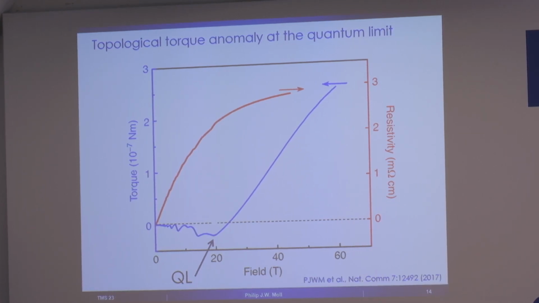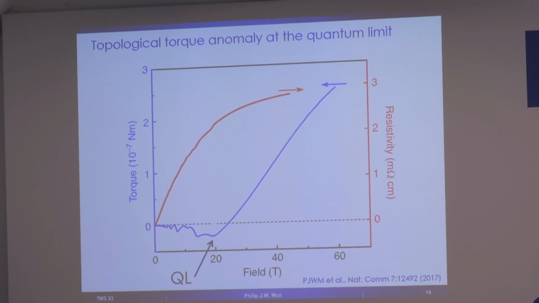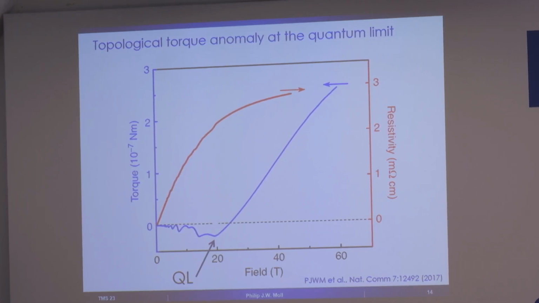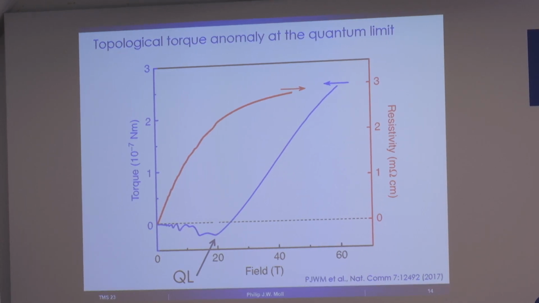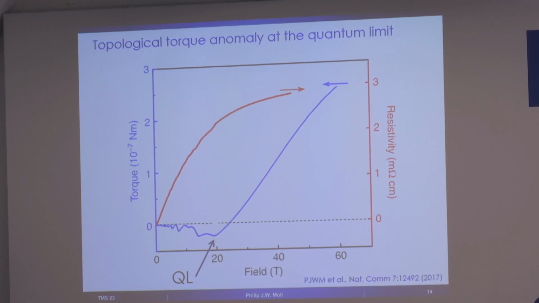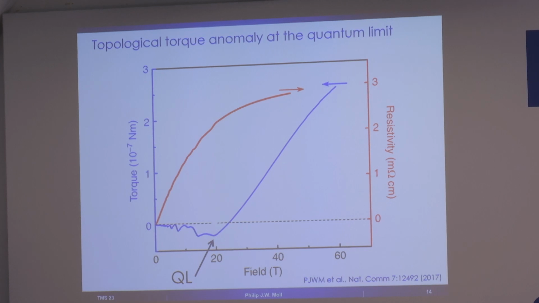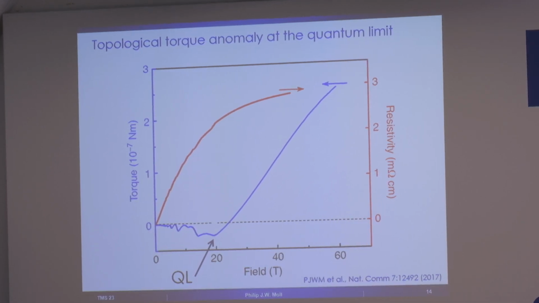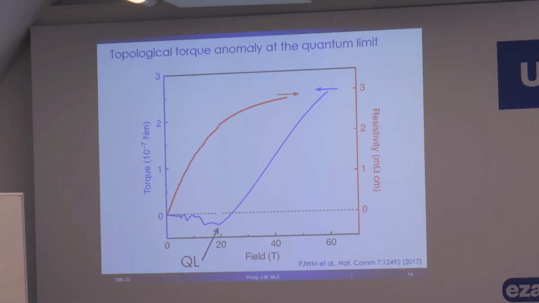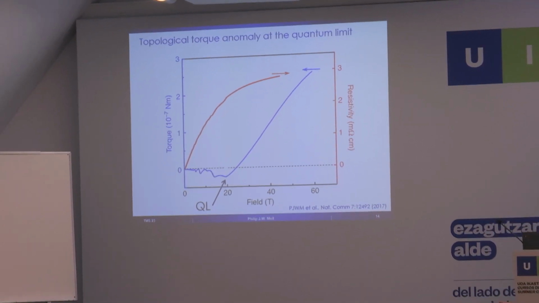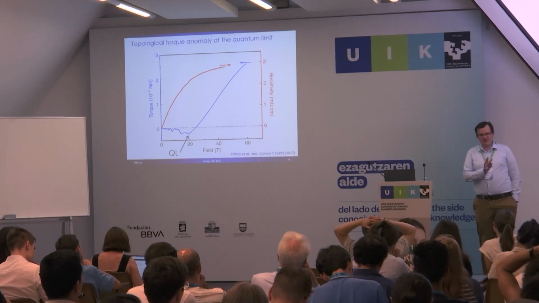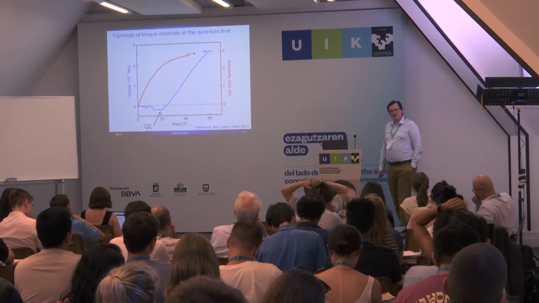The main point I want to make is that at these types of quantum limits, you get an anomaly because the behavior fundamentally changes from that of massive bands to that of a massless band. And then whether or not it goes up or down, that really is a question of all of the other bands that you have around. I'm not sure there's a generic statement you could make. So maybe this is something I'm more comfortable with saying.